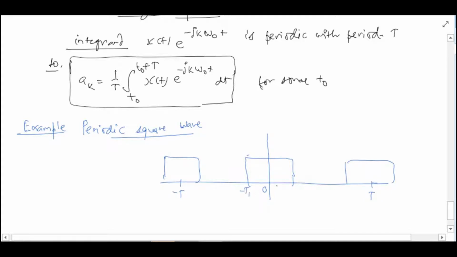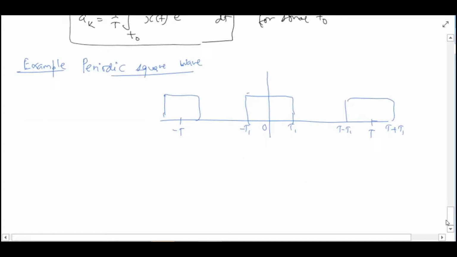So this is minus T1 to T1. This will be T minus T1 to T plus T1 and so on. Okay, so clearly this is a periodic signal with period T, and the coefficients can be computed as follows. a0 will be 1 over T, integral from minus T1 to T1 dt, which gives 2T1 over T.